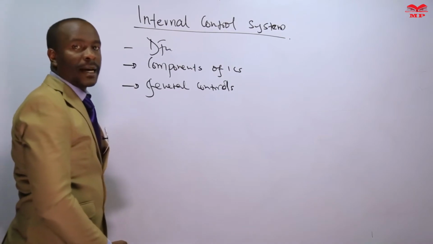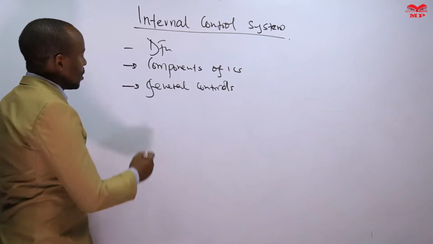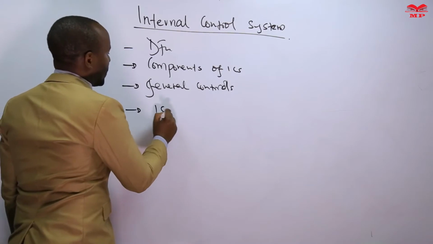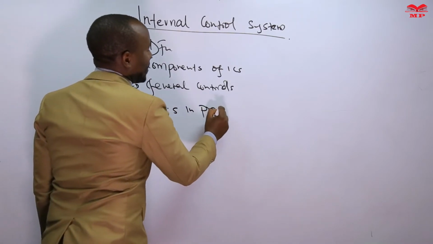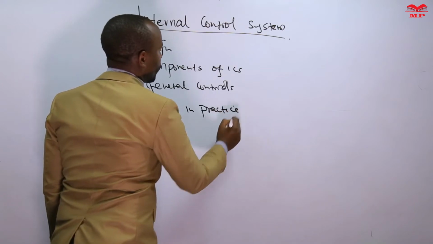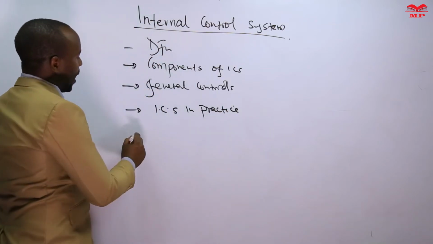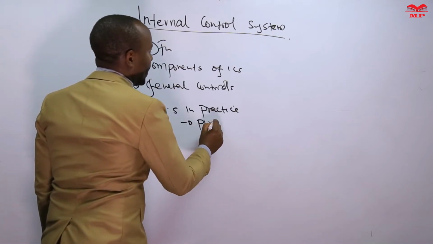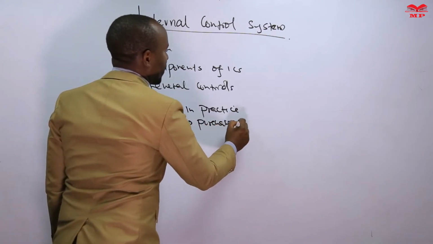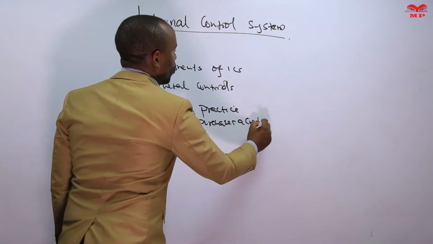Once we look at those areas, we can go to another area, which we refer to as the internal control system in practice. Here we'll introduce ICS in practice. ICS is a designation of what? Internal control system. Then we'll be introducing issues relating to purchases, ICS on purchases and creditors. We'll be combining the two.